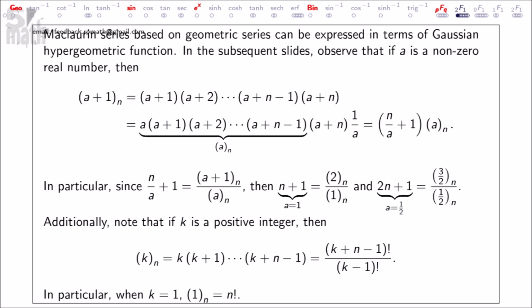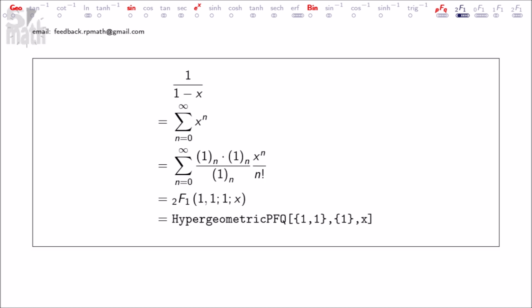In the subsequent slides, observe that if a is a non-zero real number, then this. In particular, we have the following. Additionally, note that if k is a positive integer, then this. In particular, the following. 1 over 1 minus x.